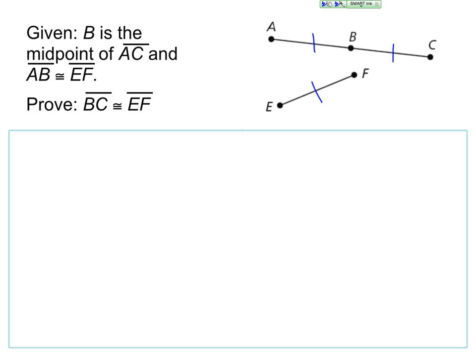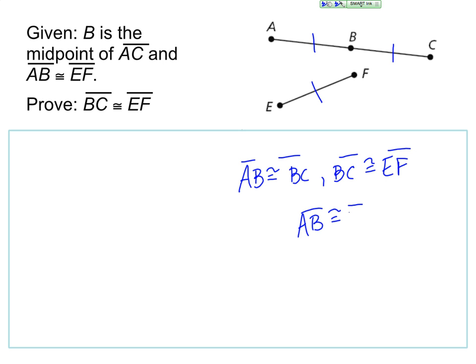What's that sound like? He said if AB is congruent to BC, and then BC is congruent to EF, we can get AB congruent to EF? What's that seem like? Transitive property of congruence. Okay, good job. Here's what it looks like.